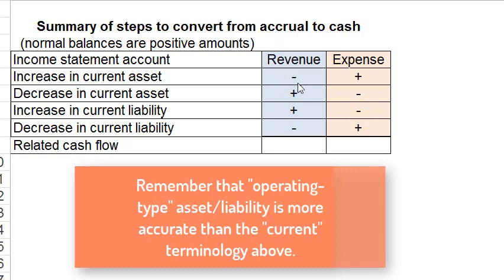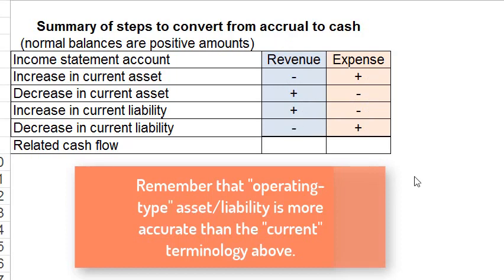Brand new company, if they provide more services than they collect on account, you would need to subtract the increase in accounts receivable. You can certainly quickly build this chart for yourself by just thinking logically. Liability signs would be the opposites of assets. Expenses would be the opposite of revenues.